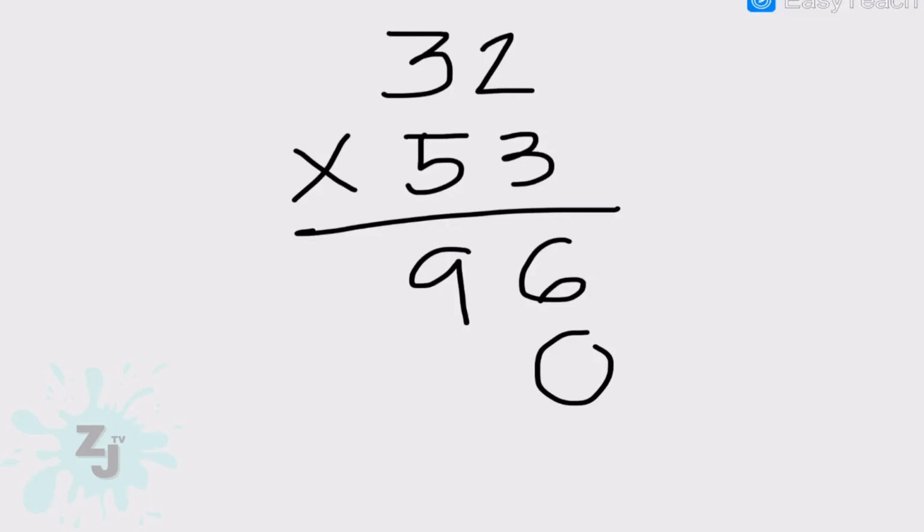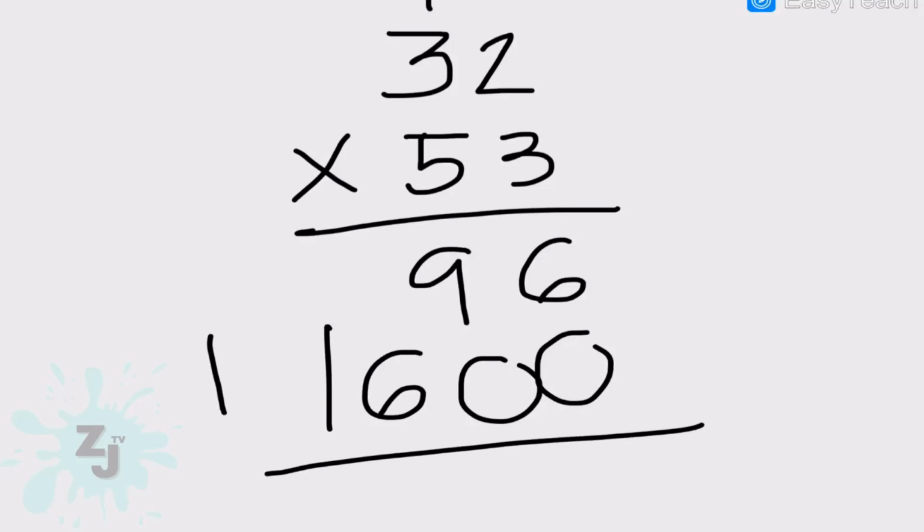So we must multiply 2 times 5. 2 times 5, that would be 10. So we carry 1. And 3 times 5, that is 15, plus 1, that would be 16. And we add everything up.